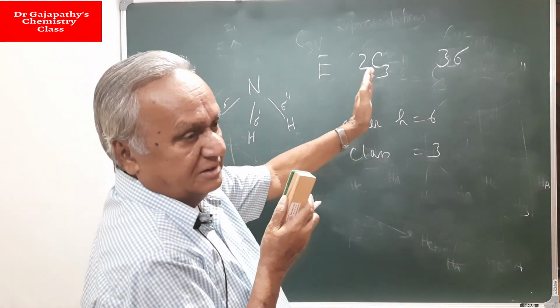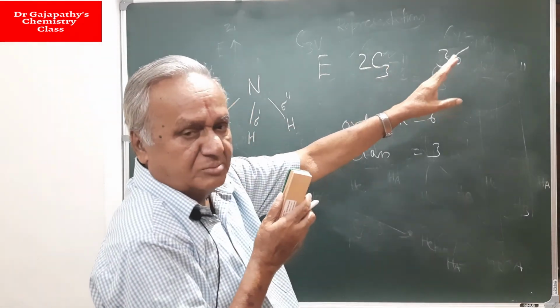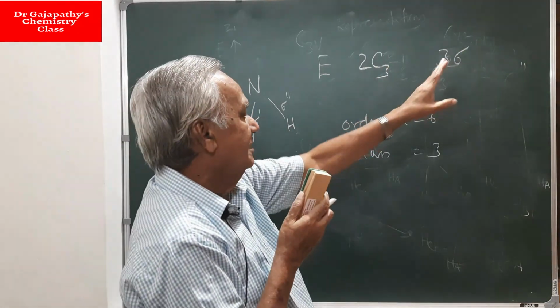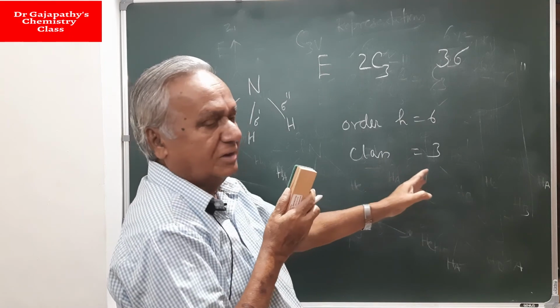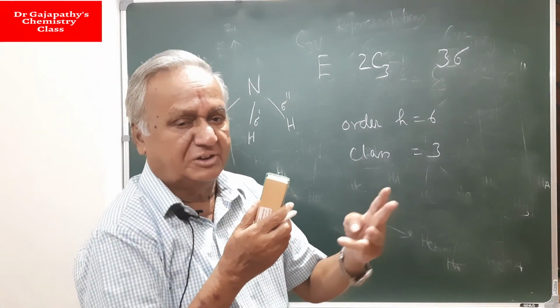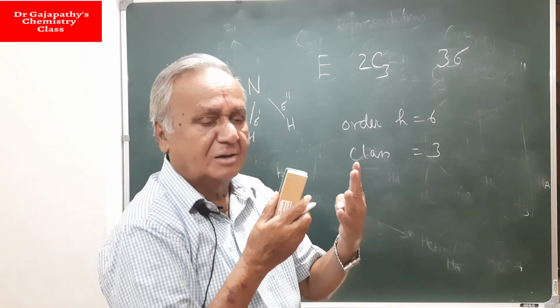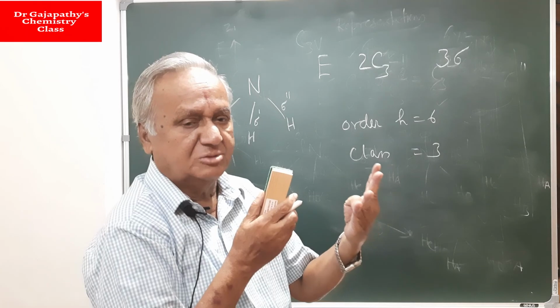E is a class. The C31 and C32 belong to the same class. Sigma, sigma prime, sigma double prime belong to the same class. So the number of classes is 3. So ammonia will have only 3 irreducible representations. Water will have 4 irreducible representations and ammonia will have only 3 irreducible representations.